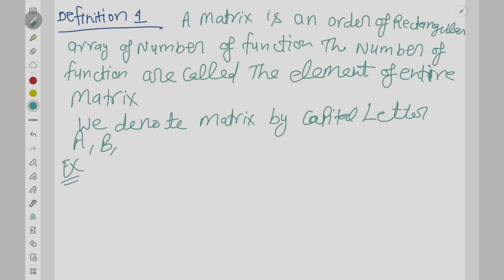These are all matrices. And another example, C has entries 1 plus x square, 3, cos x, sin x plus 2, and tan x. This is an algebraic matrix. These are all examples of matrices.